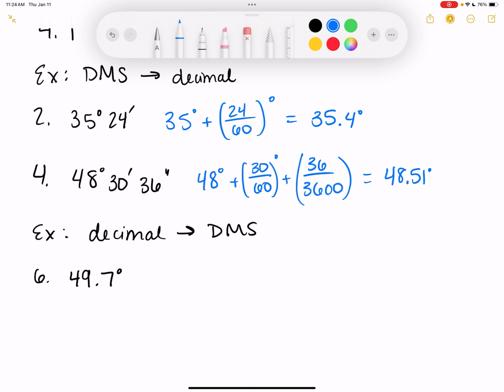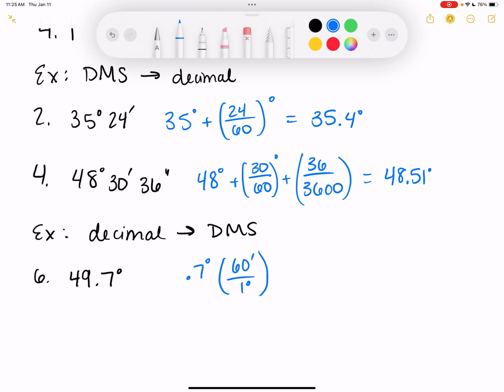So, the 49 part, that stays, okay? Anything in front of the decimal is always going to stay. That's just going to be like the degree part up here. So, we're working backwards. So, we take this 0.7. Now, the first decimal place is always minutes. So, it's going to be 0.7 degrees times, there's 60 minutes in 1 degree.